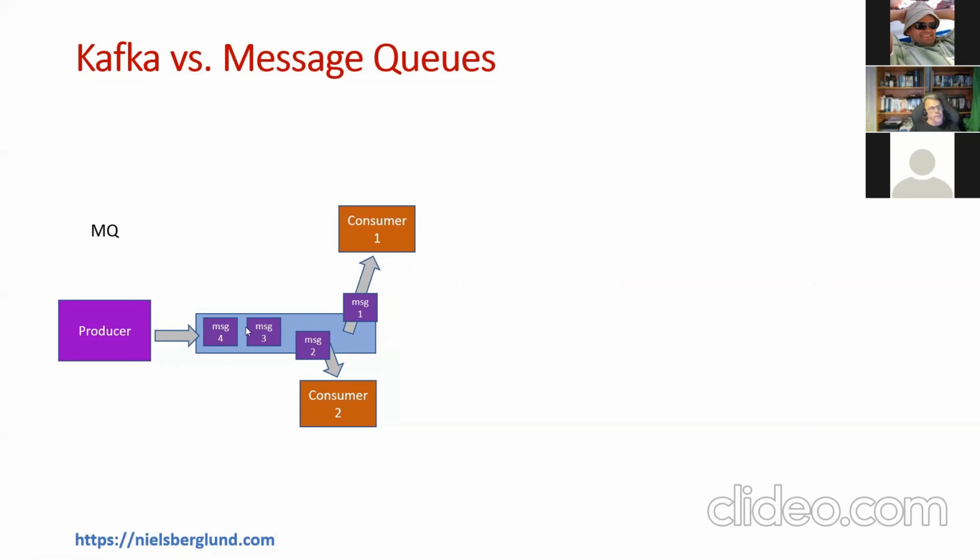So in a typical message queue scenario, if you want to have multiple consumers consuming the same message, you would need to create a new queue, and the messages would be copied onto that queue, and now consumer 1 can read from this particular queue and consumer 2 can read from this queue.